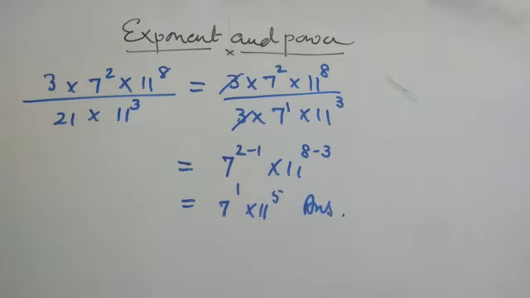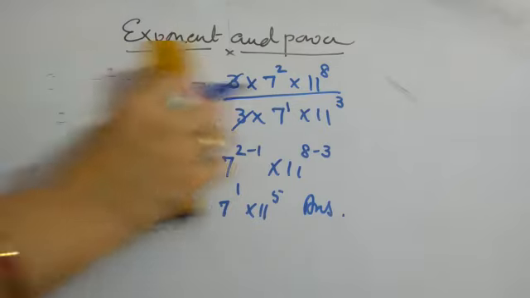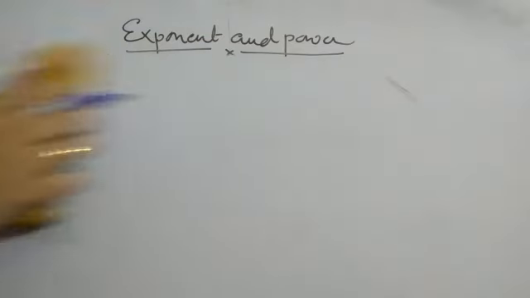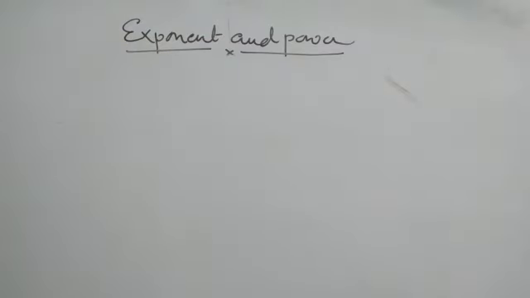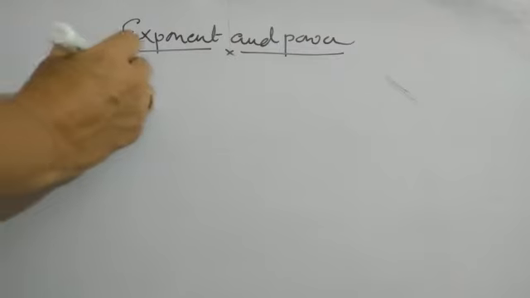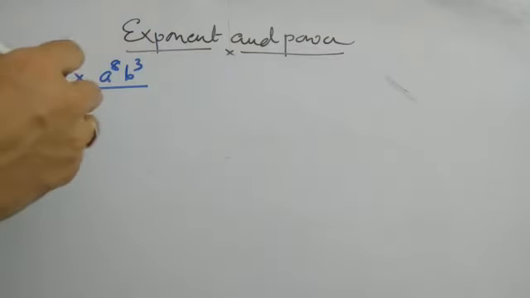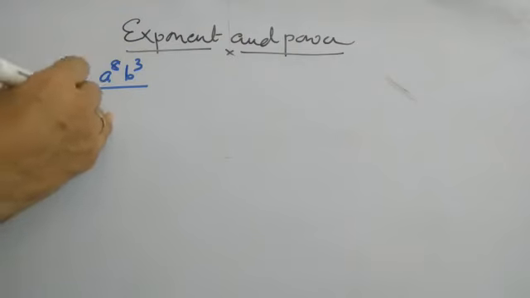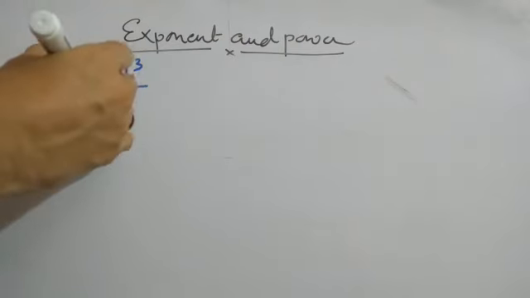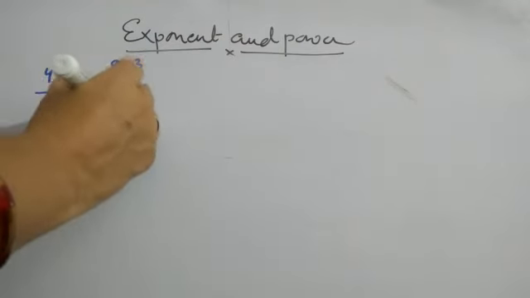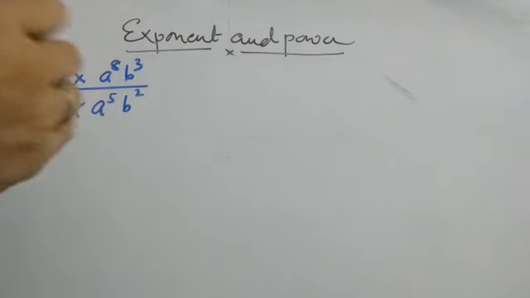One more example. Let us take. This will be 4 raised to the power 5 into a power 8 b cube upon 4 raised to the power 5 into a power 5 b square. Right.